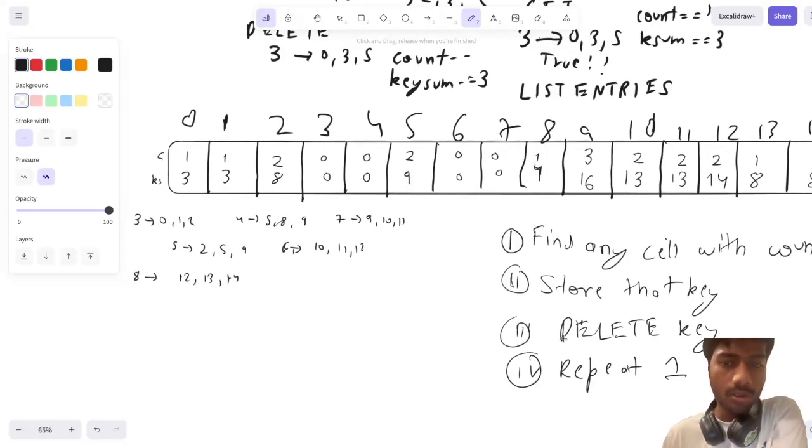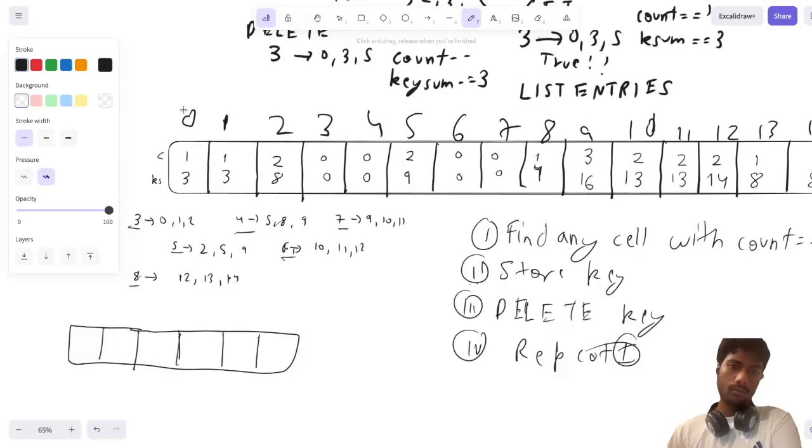Great. For now, let's suppose that if there are 2 or more cells, then I will do these operations only for the cell which has the lowest index. Currently we have indices 0, 1, 13, 14 and 8 such that their cells have count equals to 1.